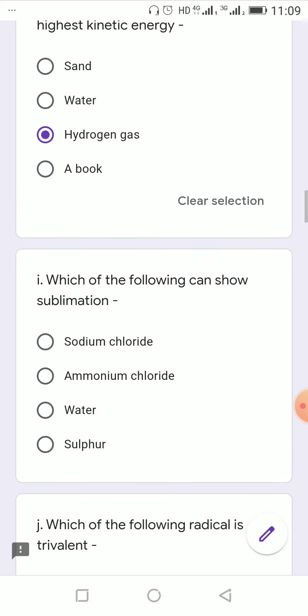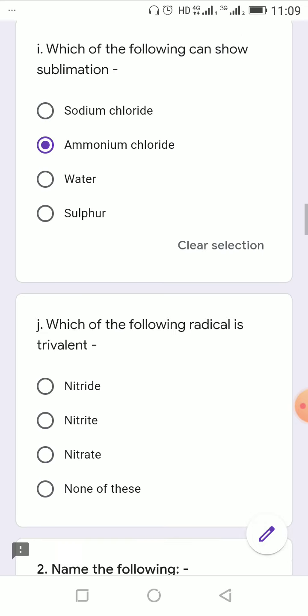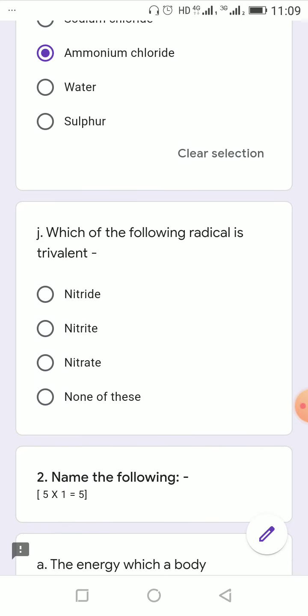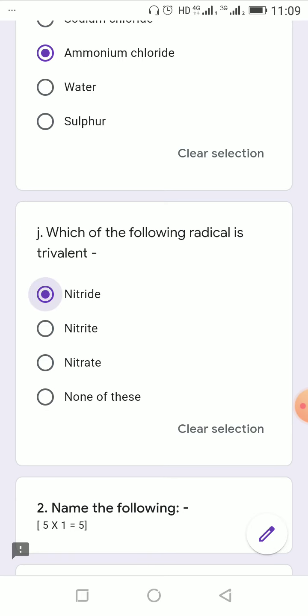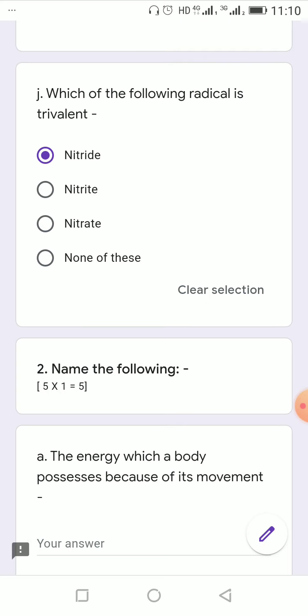Next, which of the following can show sublimation? It will be ammonium chloride. Ammonium chloride can show sublimation. Which of the following radicals is trivalent? It will be nitride, N3 minus. Next, name the following. The energy which a body possesses because of its movement.